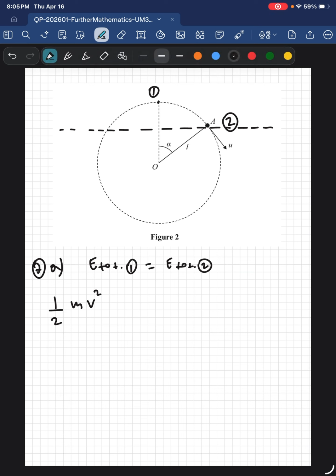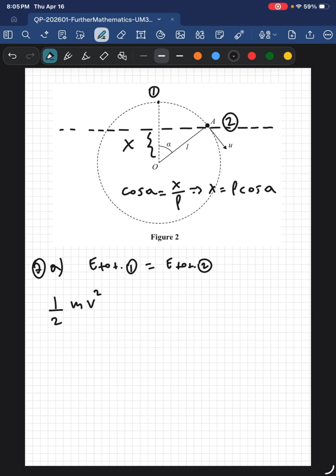So first of all, let's call this distance x. Okay, so cosine of alpha is equal to x over L, right? So x is L times cosine of alpha, and you will see how that is useful in a moment.